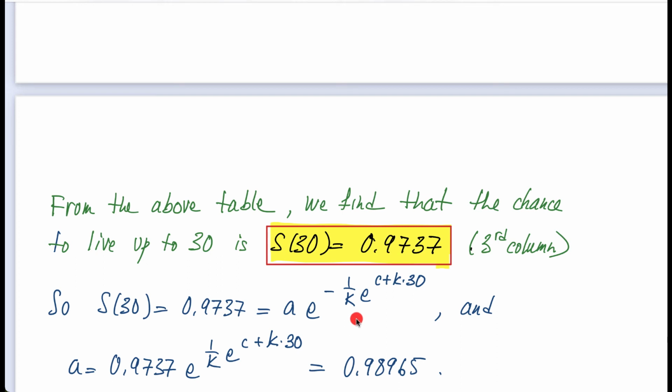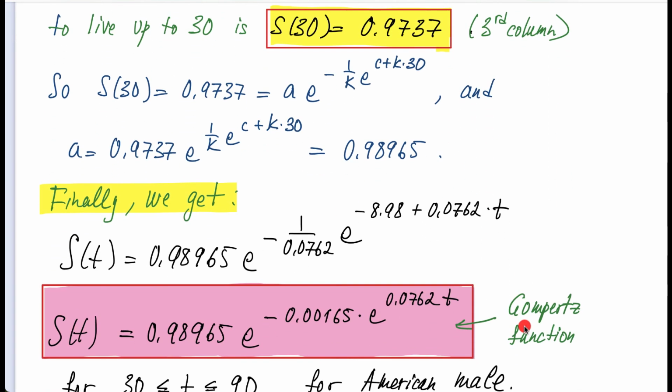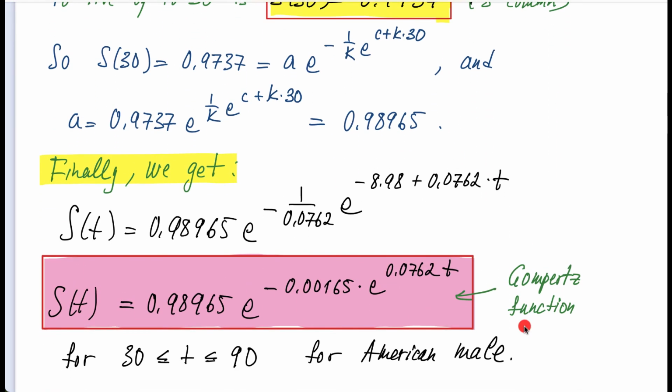And since we already know c and k, from here we can find this constant a. You can check that this constant a will be 0.98965. And if you plug it back into the Gompertz function, finally we see that the survival function is equal to this Gompertz function with constants a, b, and c given by these three particular numbers here.